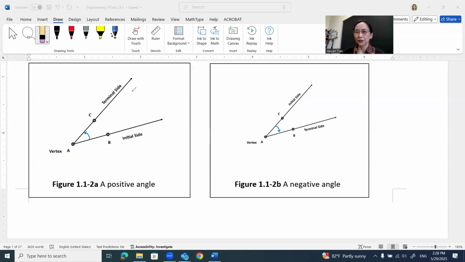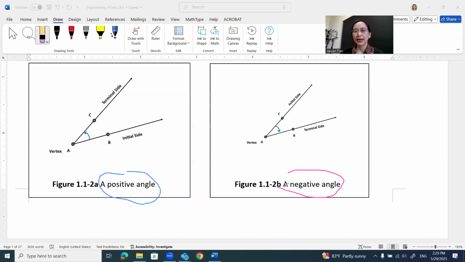We want to differentiate the 2 angles because you see from initial side to terminal side, this first angle is going counterclockwise. And we define this as a positive angle. The second angle from initial side to terminal side is going in the direction of clockwise.